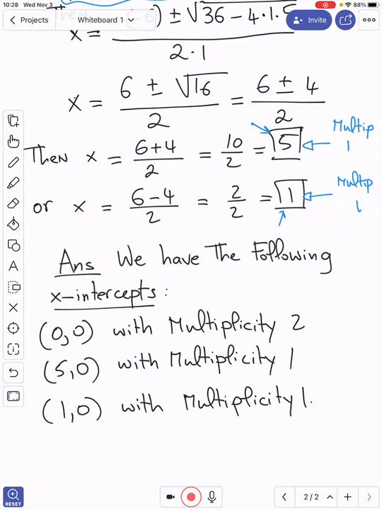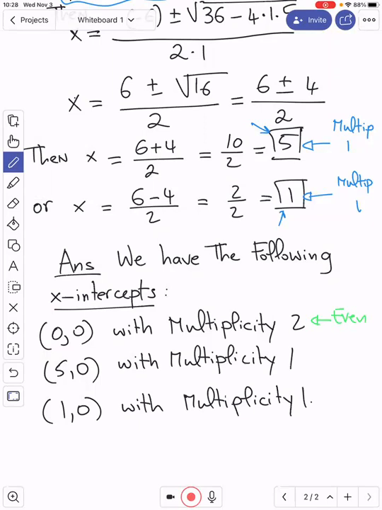No, it means the graph doesn't cross the x-axis. Because when the multiplicity is even, and 2 is an even number, your graph doesn't cross the x-axis. Actually, it's going to touch the x-axis at (0, 0) and then turn around.